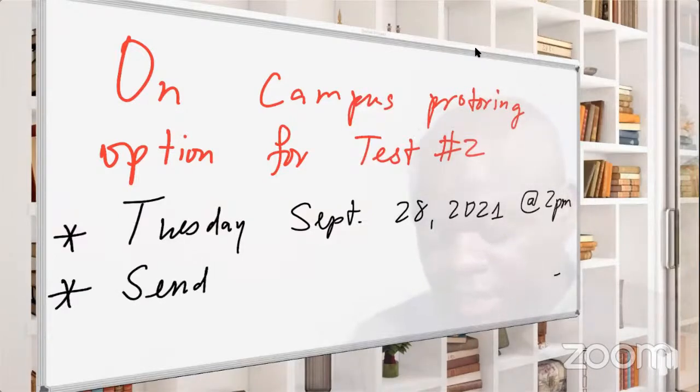You must send an email and get approval. And also remember, for you to get on campus, you must have clearance to be on campus, which means you must have submitted your negative COVID-19 test. If you haven't done so, if you're not cleared to be on campus, you cannot just show up for on-campus proctoring. So send an email.